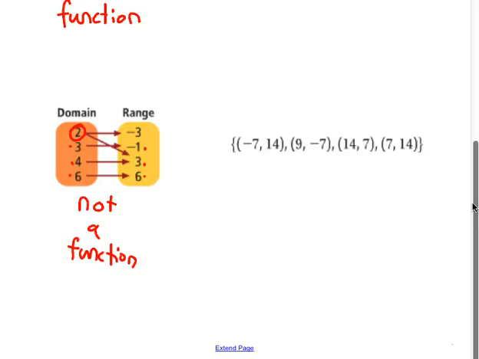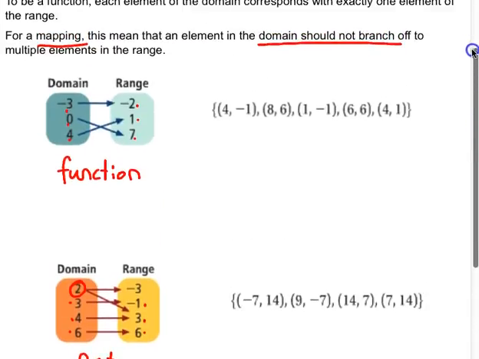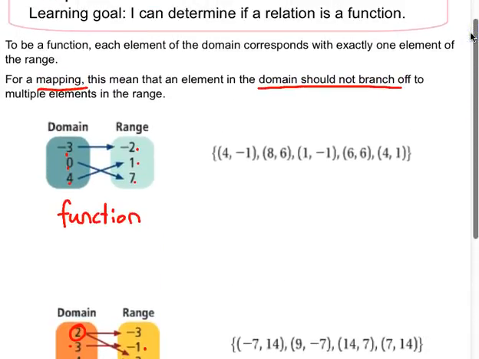All right. Now, what about in terms of a list of points? Here I realized that I forgot to type it in, but what you can do is write it in for me. When you're dealing with just lists of ordered pairs, you should see X not repeat.